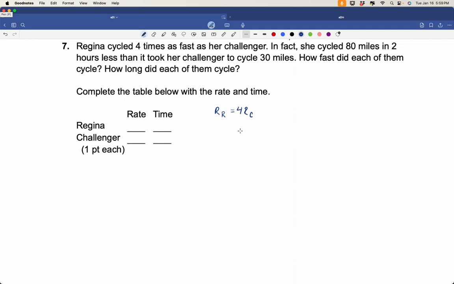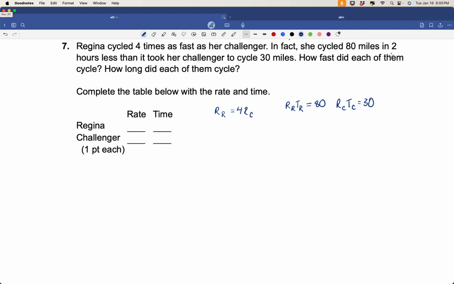In fact, she cycled 80 miles in 2 hours less than it took her challenger to cycle 30. So her rate, Regina's rate, times Regina's time was equal to 80. The rate of the challenger times the time of the challenger was equal to 30. We got that from she did 80 miles and he did 30 miles. This is the distance, 80 and 30, right?